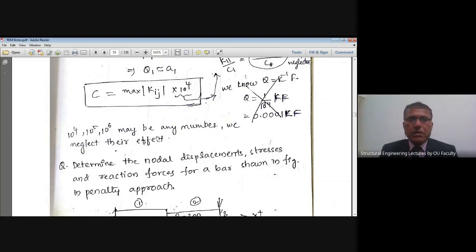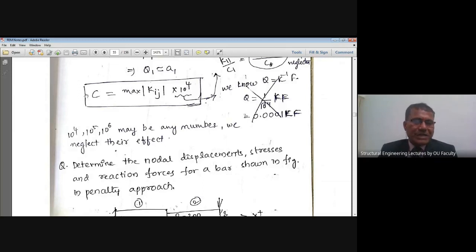Means that the structural stiffness matrix is less stiff compared to the stiffness of this modeling, because this penalty approach is so huge, right?